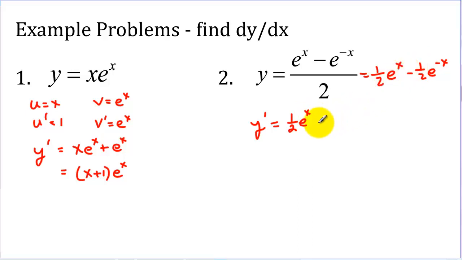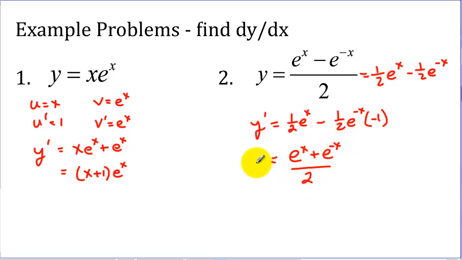And here we're going to have negative 1/2 e to the negative x, and then using the chain rule times negative 1. So this is going to become plus, and I could factor out the 1/2 again, and we're going to end up with e to the x plus e to the negative x over 2 for our derivative.